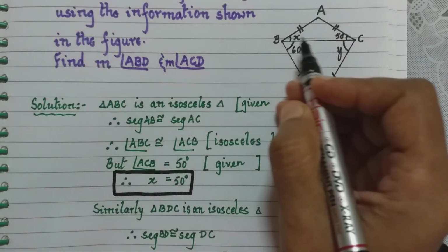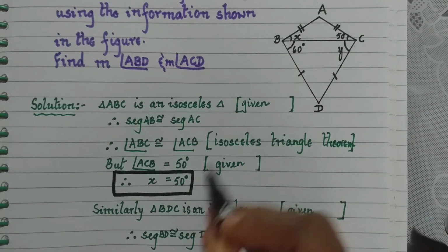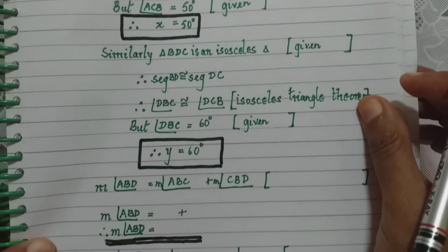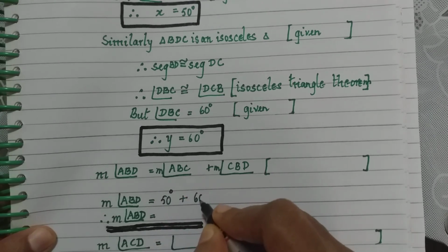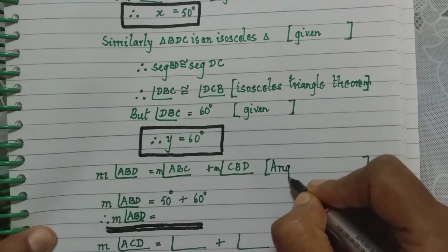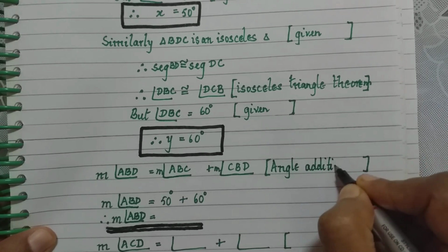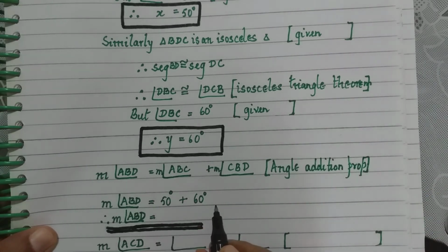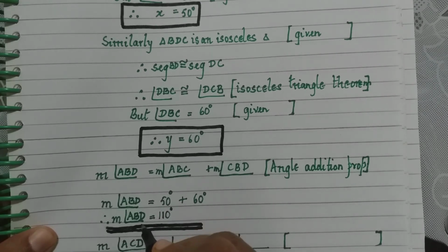Here we have ABC plus CBD. ABC was x and x was 50 degrees. So here 50 degrees plus 60 degrees. Now how did we add this? By angle addition property. Okay, so 50 degrees plus 60 degrees, that is 110 degrees. So we have got measure angle ABD.